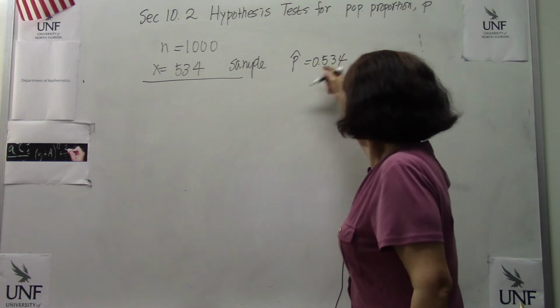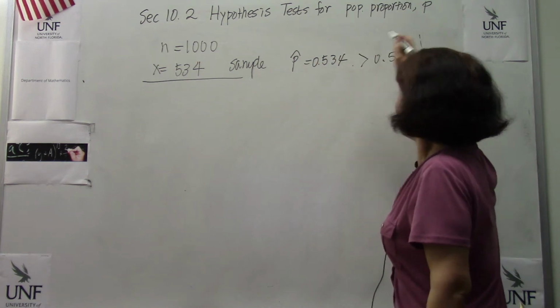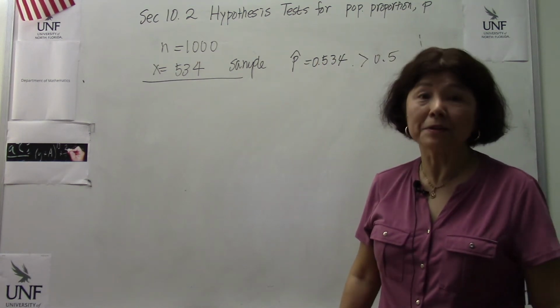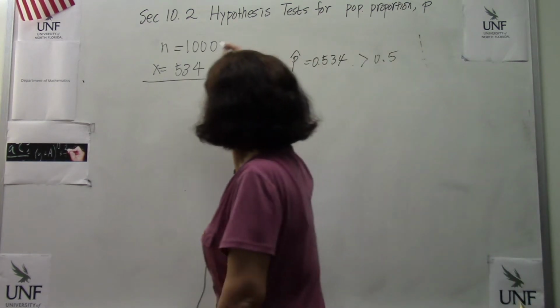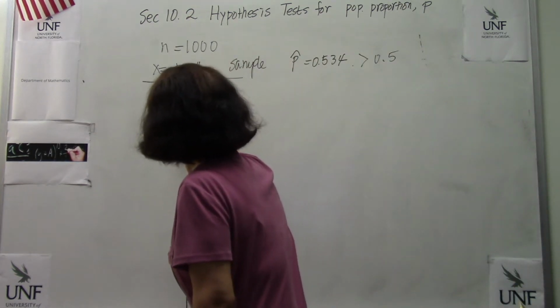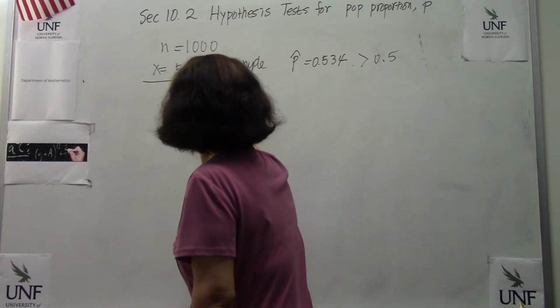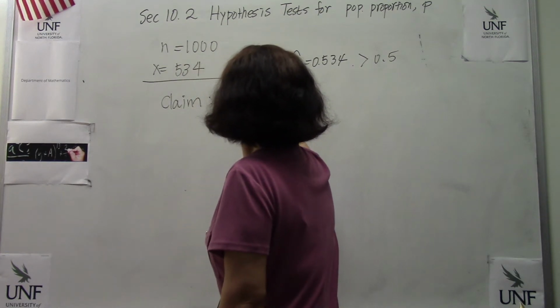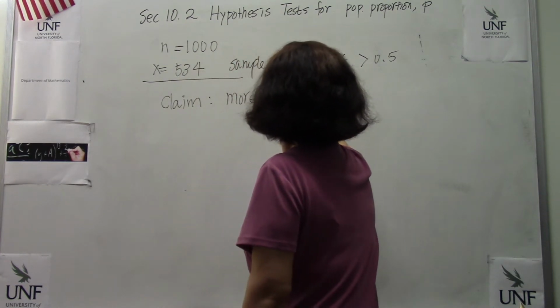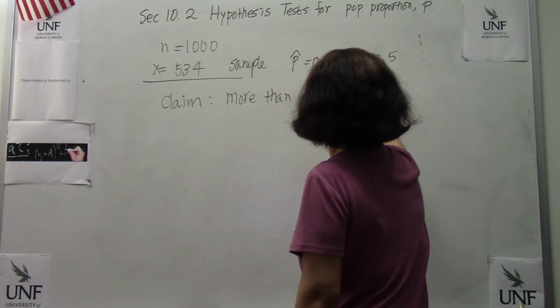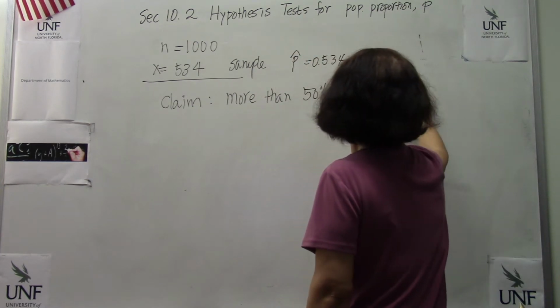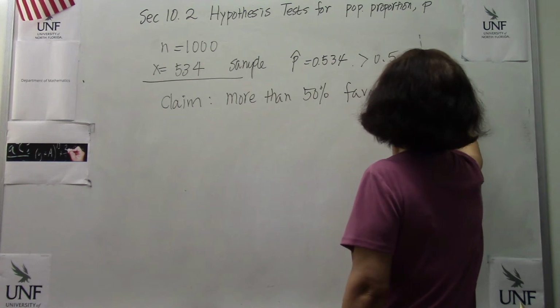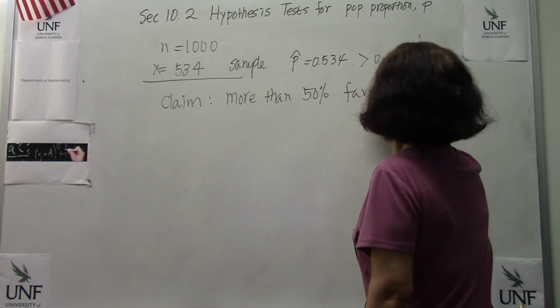This is slightly more than 0.5, 50%, I agree. But is it good enough to claim that more than 50% of people are in favor of banning cell phone use?